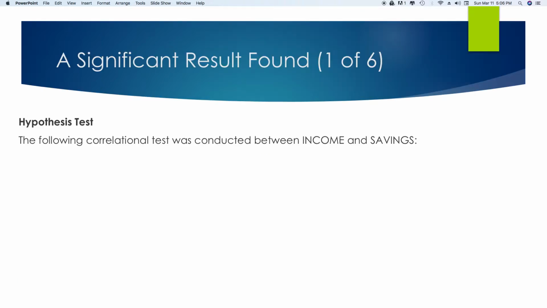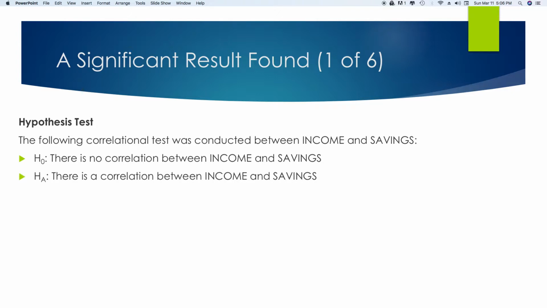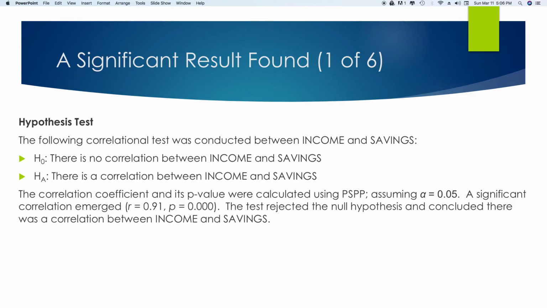So the first significant result we found: we stated the hypothesis, the following correlational test was conducted between income and savings. The null hypothesis stated there is no correlation between income and savings. The alternative stated that there is a correlation between income and savings.